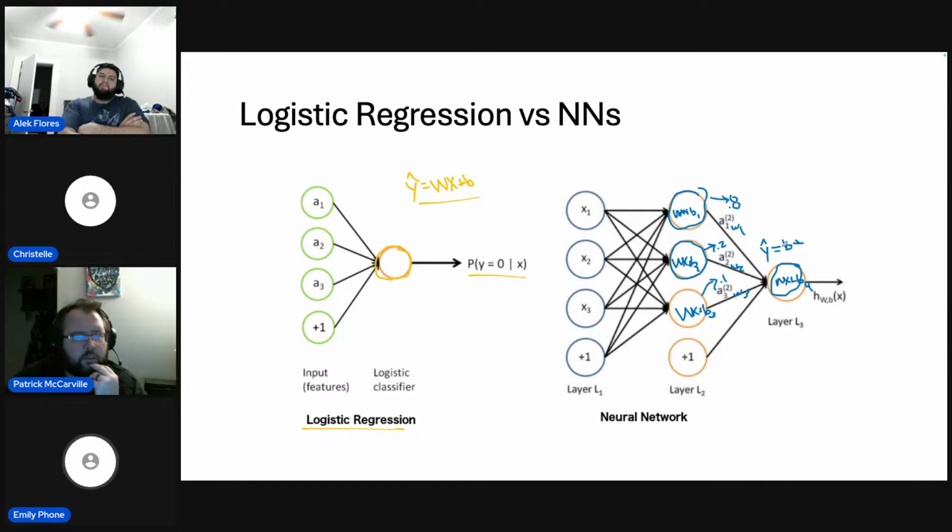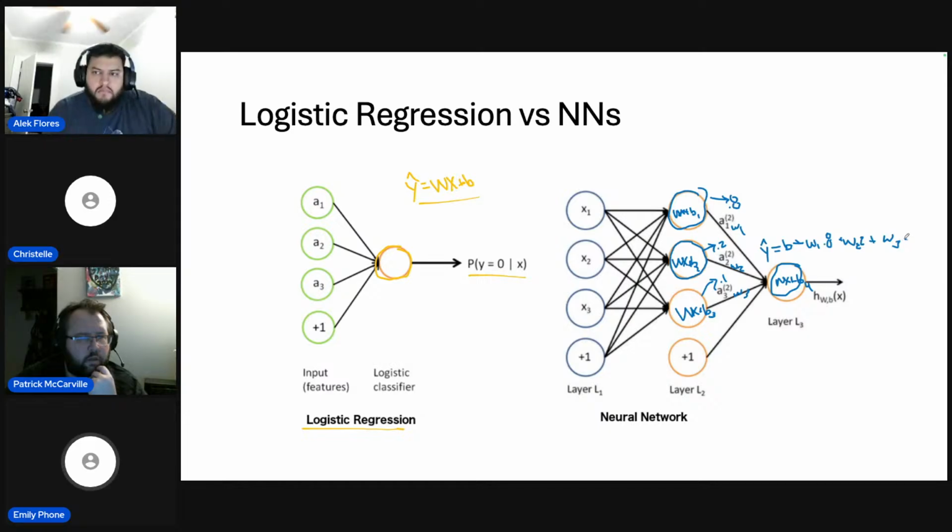So this would be y hat equals b plus w1 times 0.8 plus w2 times 0.2 plus w3 times 0.1. So now we have a logistic regression that takes as input the probabilities output from the other logistic regressions.